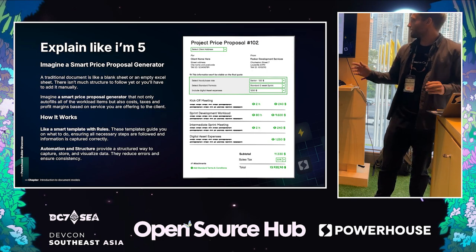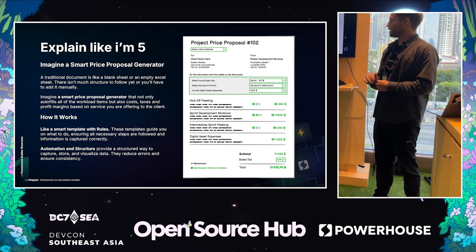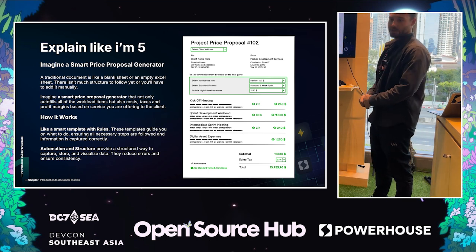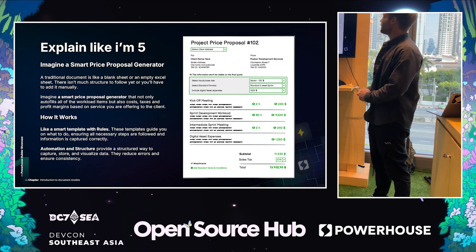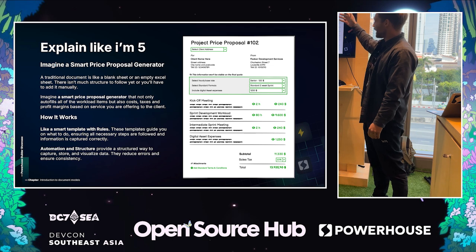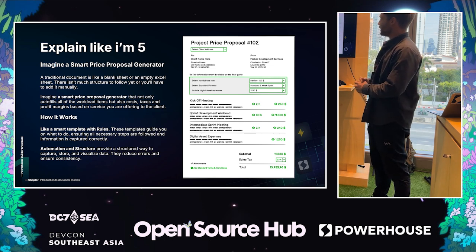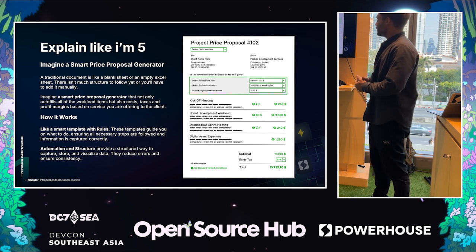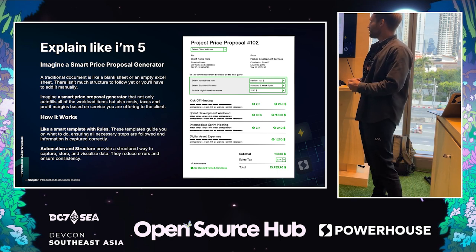Now, to make it a little bit more visual, what could such a model look like? In this case, we have a smart price proposal generator. It's a generator that helps you to define a model and helps you to select your favorite client or your preferred client. It helps you to set your hourly rate, your standard formula that you want to sell to the client, and maybe also include some expenses.